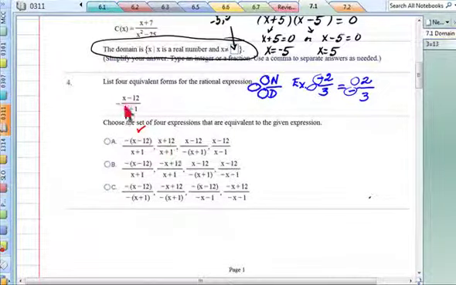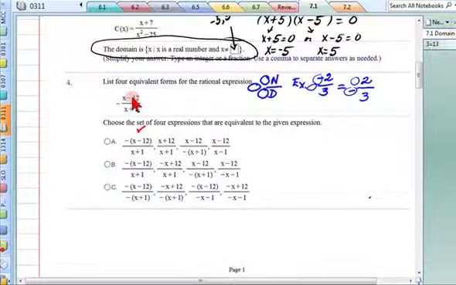They did not change the denominator. They did change the sign in front because it disappeared, so it must have become a positive. Now look at the numerator. X minus 12, x plus 12. Is this the opposite of this? Well, the 12s are opposites, but are the x's opposites?